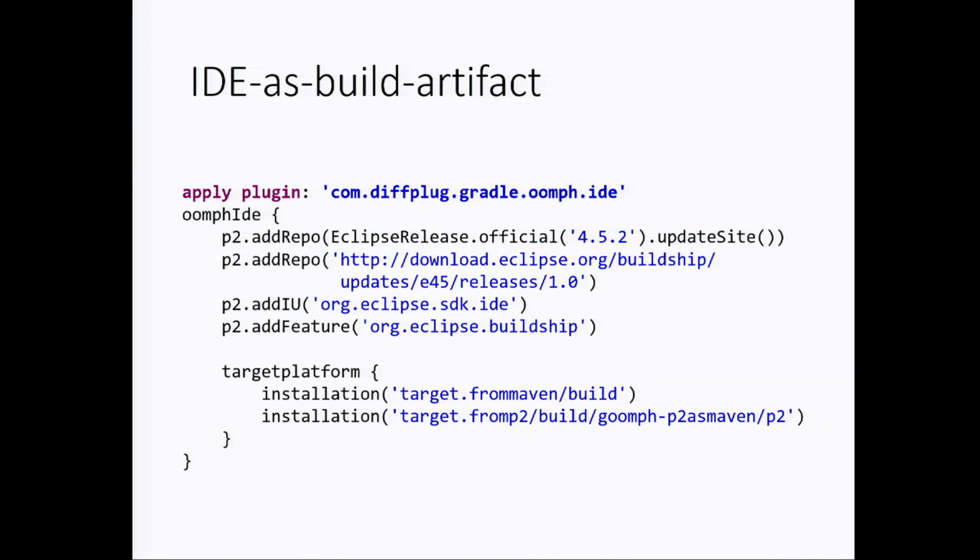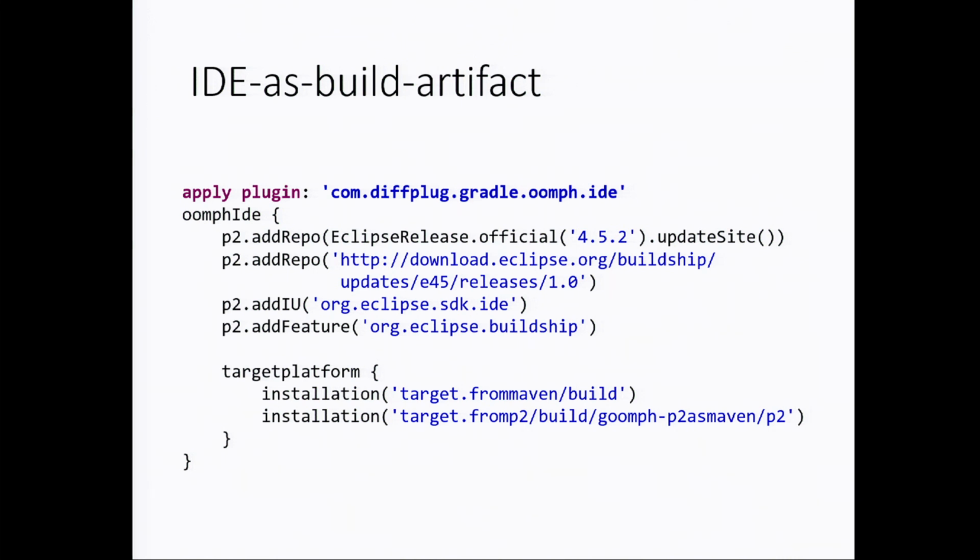Our plugin is called Goomph with a G. At Eclipse, there is a project called Oomph without a G, and they've built a ton of tooling for automating the provisioning and setup of Eclipse IDEs. And right now, we don't leverage that at all.